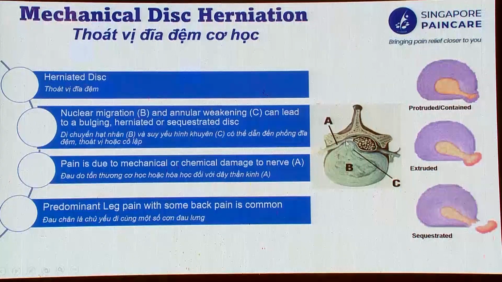This will start to form a mechanical as well as a chemical effect on the nerve. When is it a pure discogenic pain, and when does it become a mechanical disc problem whereby there is nerve irritation or nerve compression? That is actually very difficult to delineate and separate.